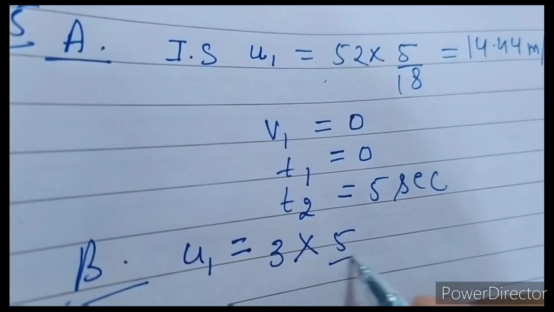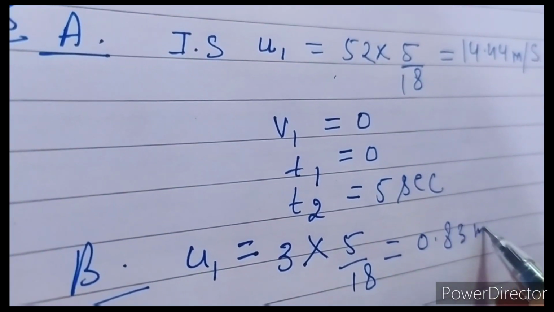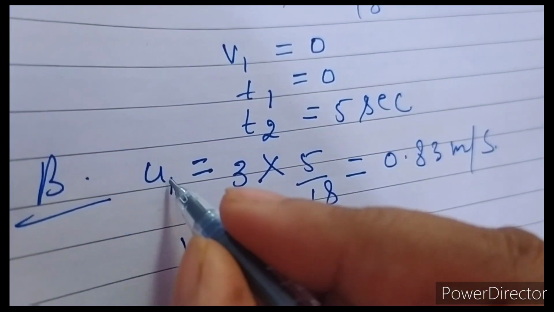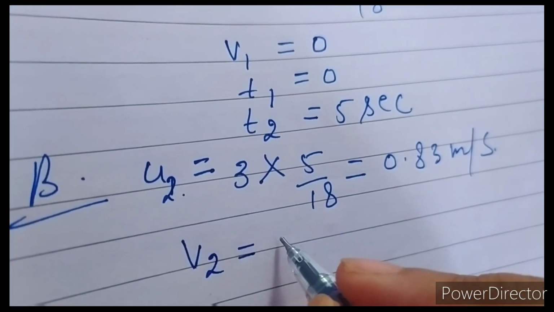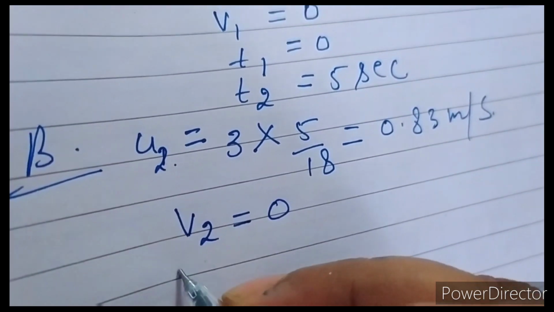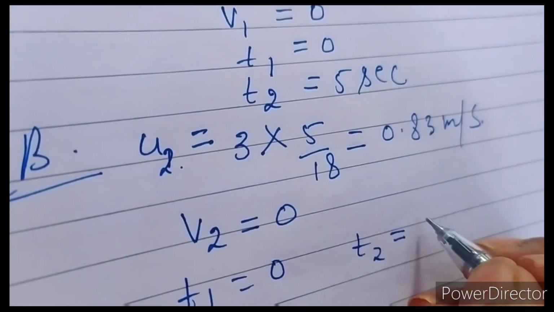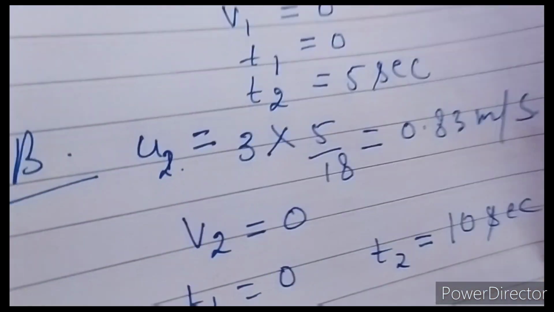So 3 into 5 by 18, you will get the answer as 0.83 meter per second. And v2 is equal to 0 because again it has come to a stop. t1 was 0 and t2 here was 10 seconds.